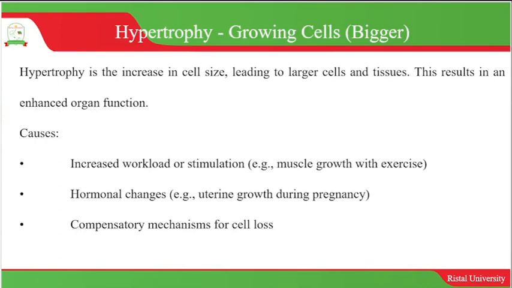So it is the same case here. When these cells are compromised, some will modify their ability to function even in the presence of these stressors by increasing their size, leading to larger cells and tissues, and this increase may result in an enhanced organ function.